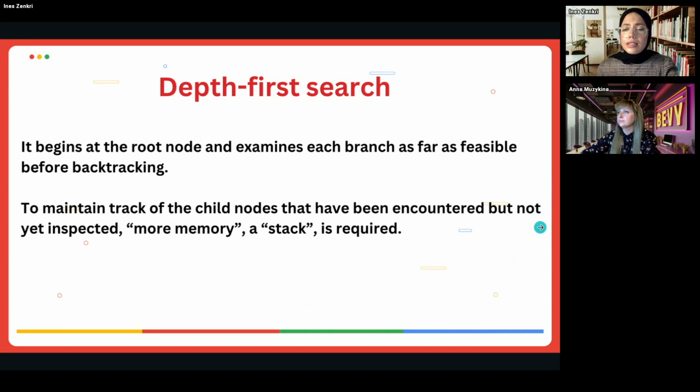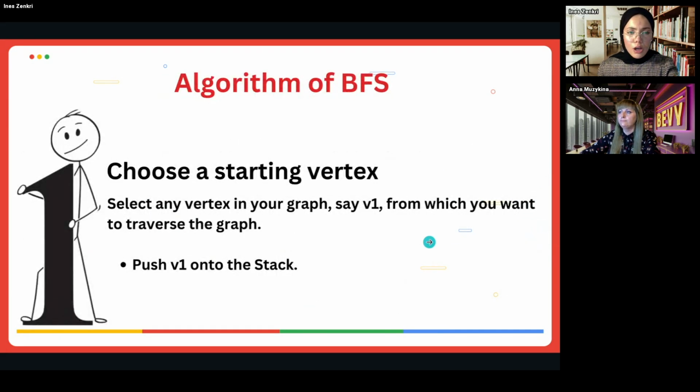Now, let's see a step-by-step algorithm for the DFS. First of all, just as usual, you start by choosing a starting vertex, let's say it's V1 in this case, and this time you push it onto the stack.